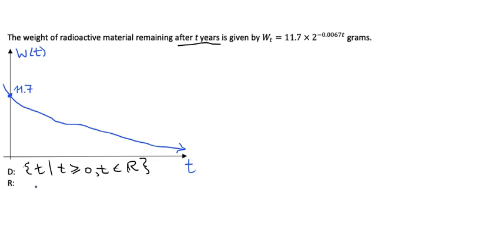So for the range, we would say that W is such that W is greater than 0. Okay, this is an exponential function and it will never actually hit 0. That may be a bit confusing. Don't worry, you'll get used to it more. Okay, so that's the domain and range of that one.